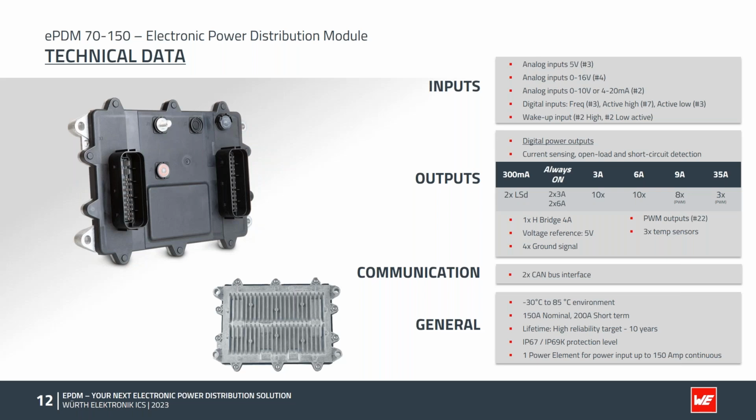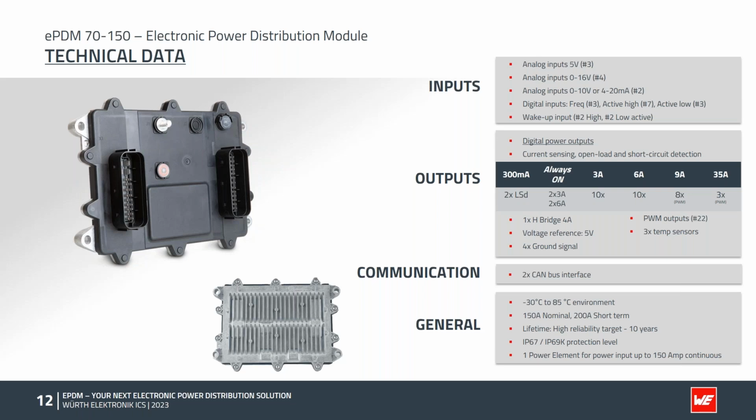On the medium power range, you will find 10 3-amp and 10 10-amp outputs. You can set a PWM on half of those outputs. Then we offer 8 9-amp outputs, all of those providing PWM capability. And finally, the 3 35-amp outputs.